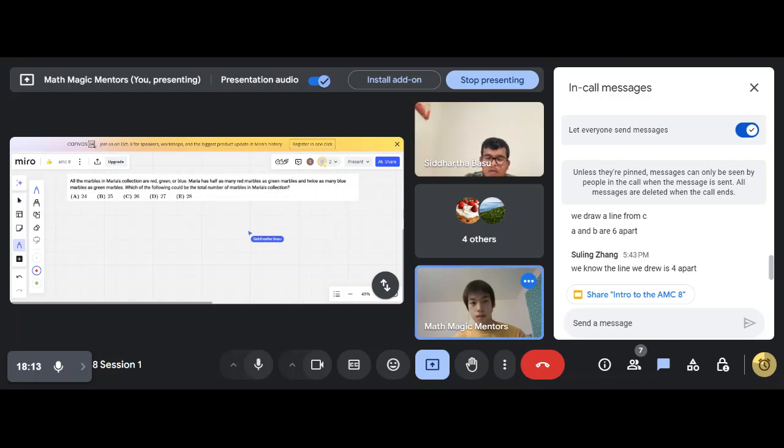There's 3 types of amounts, right? There's the number of red, there's the number of green, and there's the number of blue. So what's the best type of amount?